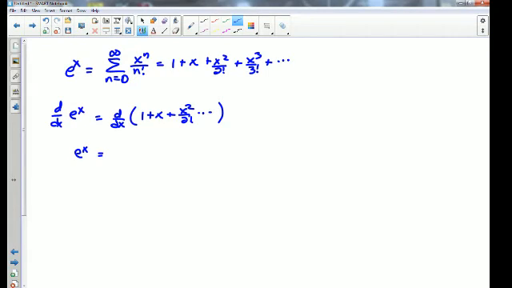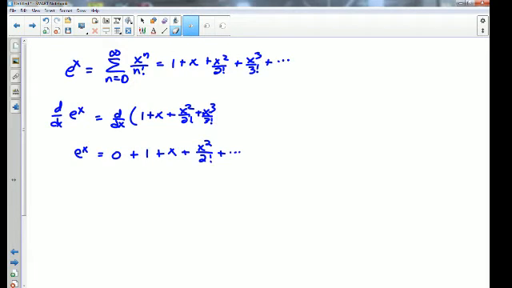What's the derivative of 1? 0 plus, and then if I put x cubed over 3 factorial, it'd be x squared over 2 factorial. Does that make sense? Just term by term, that's all you do.